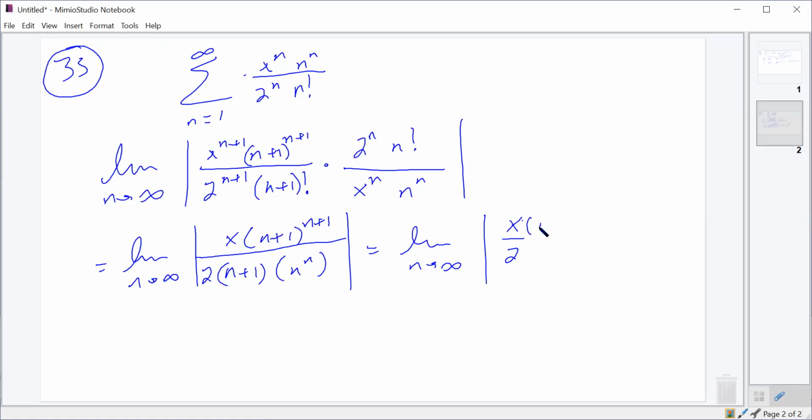So I have x times n plus 1 to the n over n to the n. And from there, n plus 1 to the n over n to the n could be rewritten as n plus 1 over n to the n.